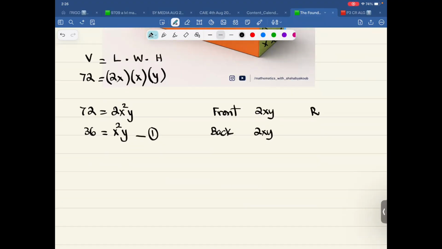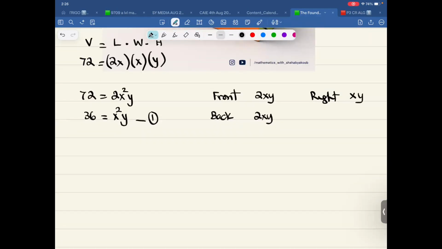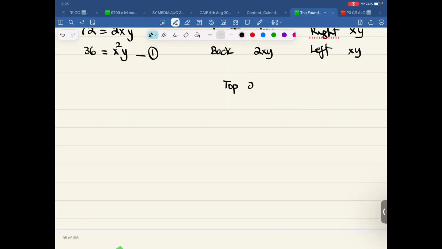The right wall, that is this, which is xy. The left wall, that is also xy. The top, that is where it is, 2x into x, which is 2x square. The bottom, that is also 2x square.